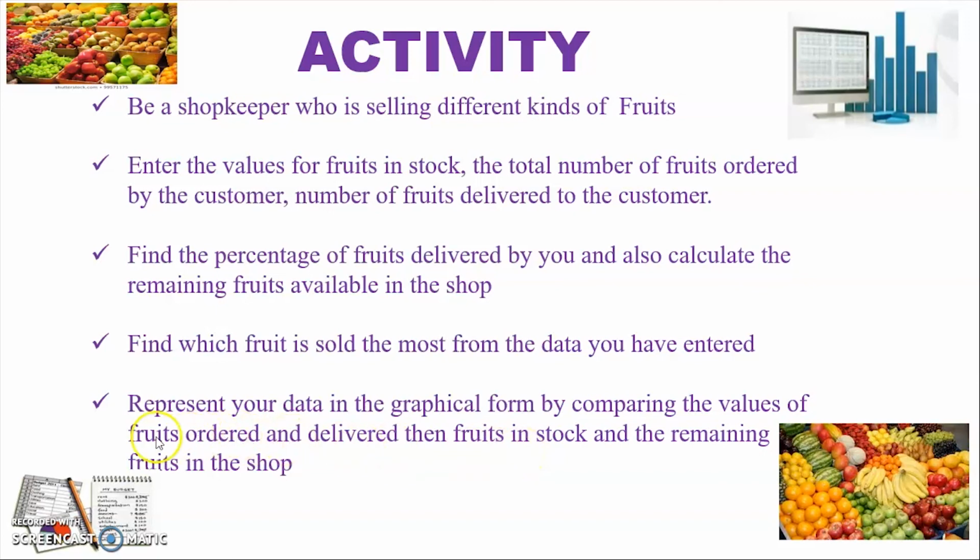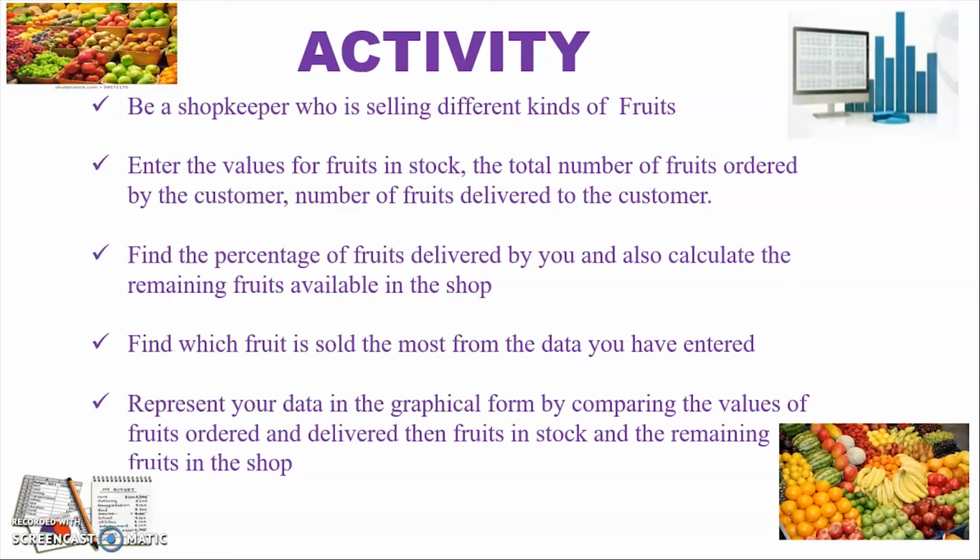So in your first graph you are going to compare the fruits ordered by the customer and the fruits delivered by you to the customer. In your second graph you are going to compare the fruits which you initially have in the stock. For example, the mangoes, I told you, 200 mangoes initially you have in stock, and the remaining fruits in the shop.